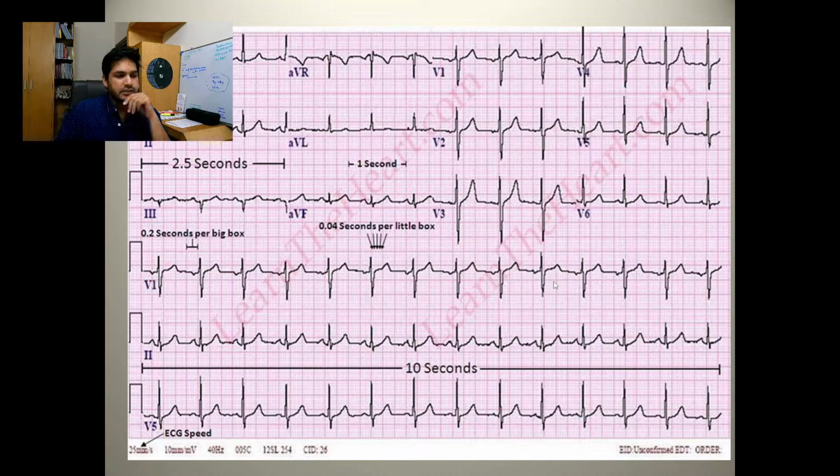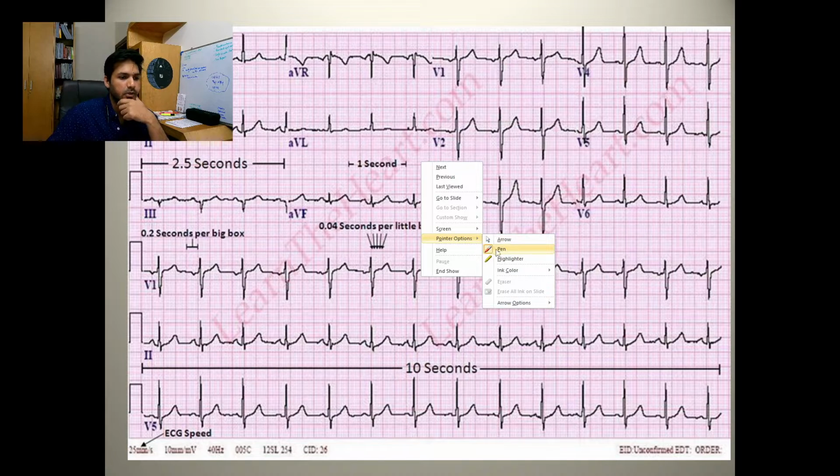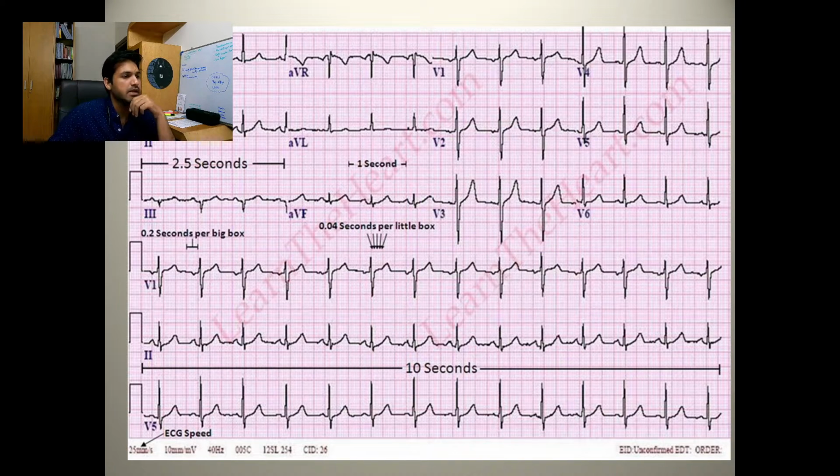All right, so this might give a lot of people tachycardia just by looking at it, but we'll piece it together one by one, take one thing at a time. What you should know about this strip is that each one big box is about 0.2 seconds long.